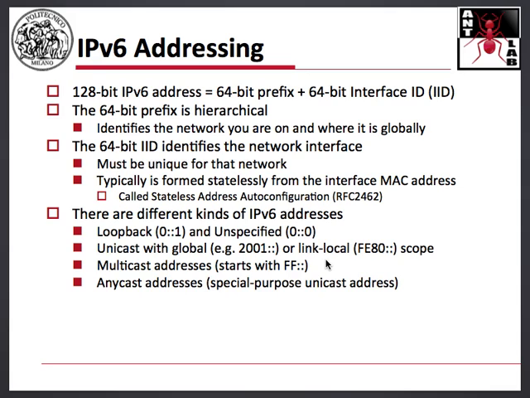Then there is a further classification of IPv6 addresses, meaning that given a specific IPv6 address, by looking at it you can classify it as either a unicast address with global or link-local scope.